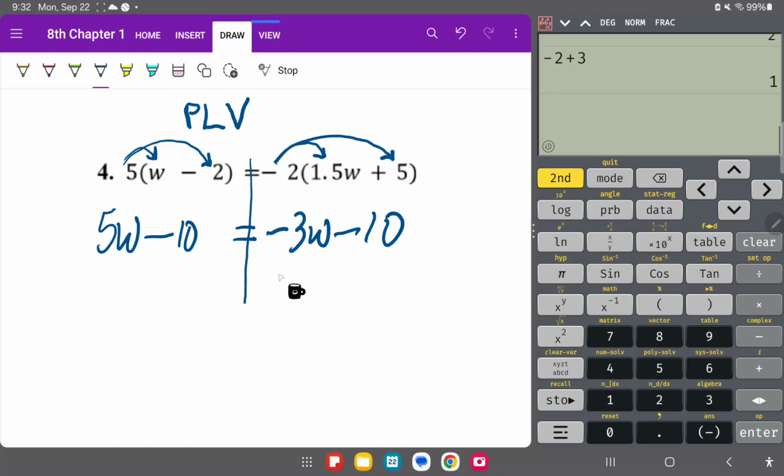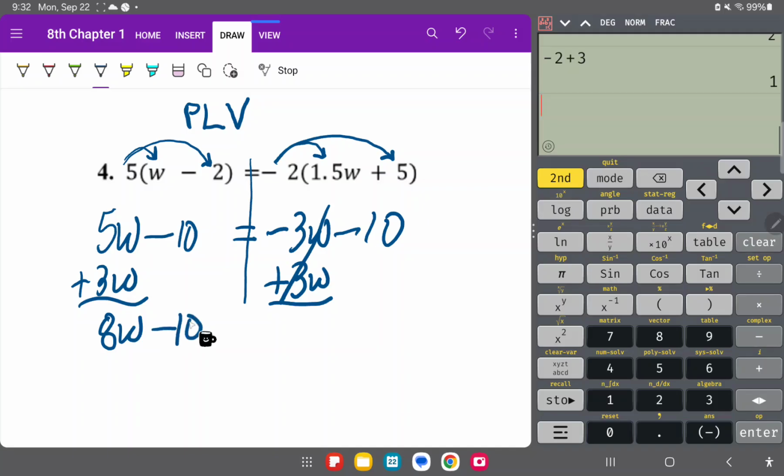You do the opposite operation. So we're going to add the 3w. That cancels it out. So we'll bring it over here as well, because whatever we do to one side, we have to do to the other. Bring that down. That's 8w. Bring down your -10 equals. Then over here, we're also left with -10.